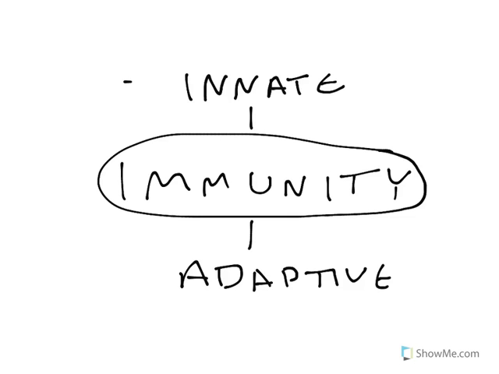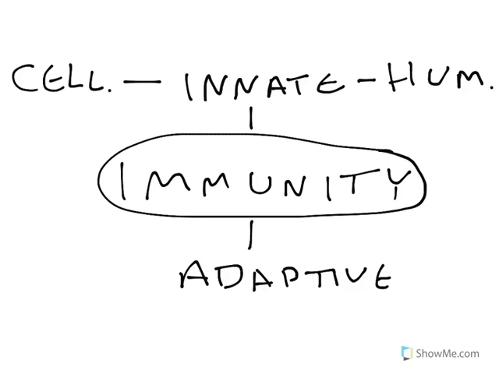Now, both the innate and the adaptive immune systems have two separate arms to them. We have a cellular component of the innate immune system, and we have what's called a humoral component of the innate immune system. The difference being, of course, the cellular component is made up of individual cells, whereas what we mean by the humoral component is macromolecules which are involved in clearing pathogens.